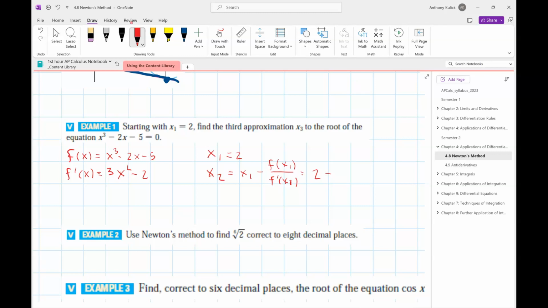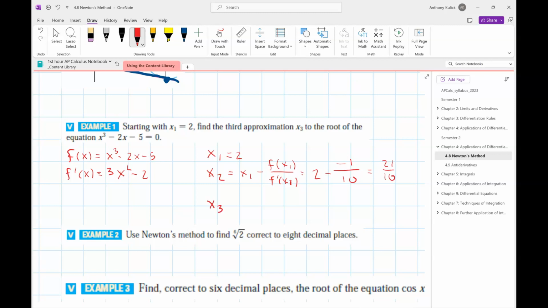Well, that's 8 minus 4 minus 5, so that's negative 1, over 12 minus 2, which is 10. So that's going to be 2 plus 1/10, or 21/10. Everybody's okay?